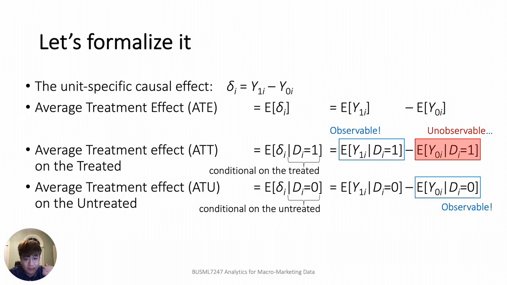For the untreated, Ti is 0, and the observation is reversed. So the potential outcome for the untreated case Y0i is observed, and the other potential outcome, Y1i, cannot be observed.